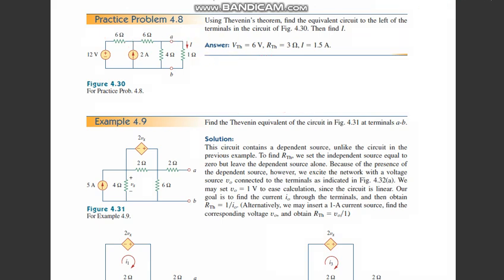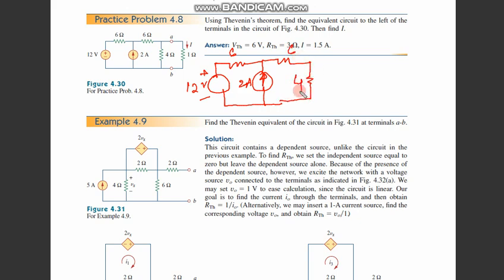This is the 6 ohm resistance, then we have the 2 ampere current, this is 6, and this is 12 volts, and then we have a 6 ohm resistance and a 4 ohm resistance, and this is the A B terminal. Now we remove the load resistance, which is 1 ohm, and it becomes an open circuit, so we can find R in.